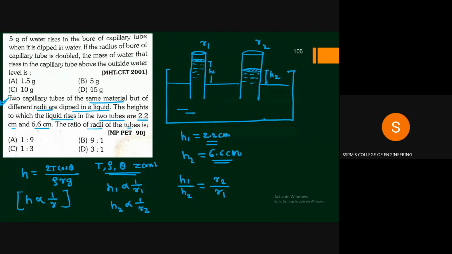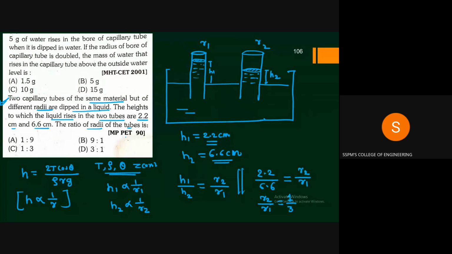Okay, so h1 upon h2, these values are given. So this is 2.2 upon 6.6, which is equal to r2 upon r1. So from this, r2 upon r1 is equal to 1 upon 3.